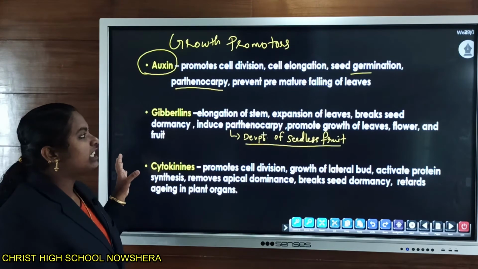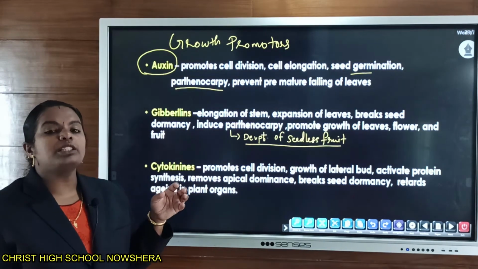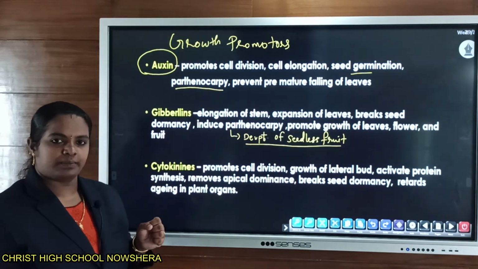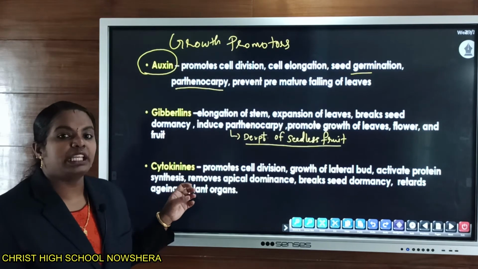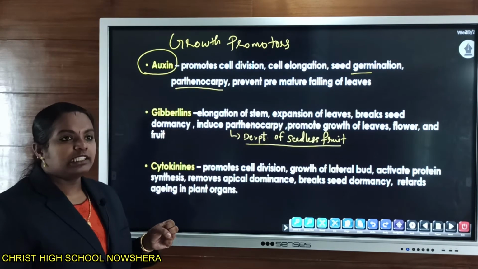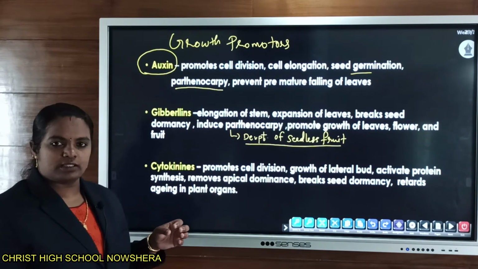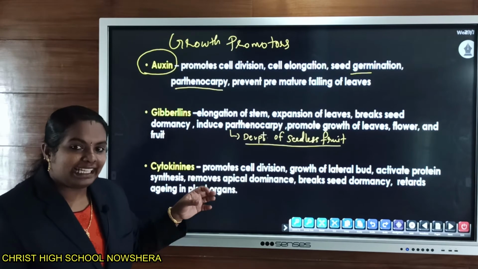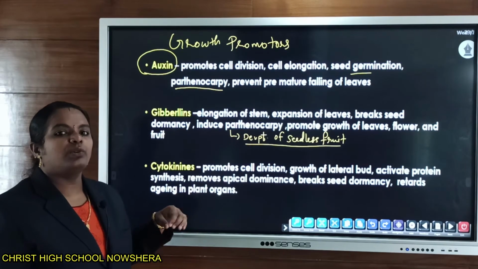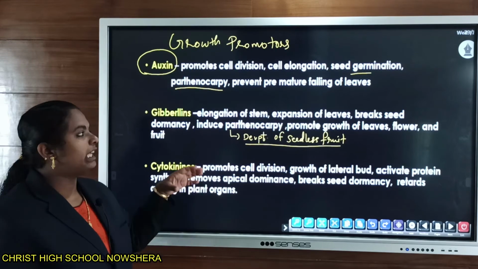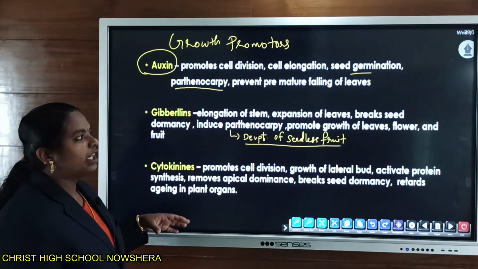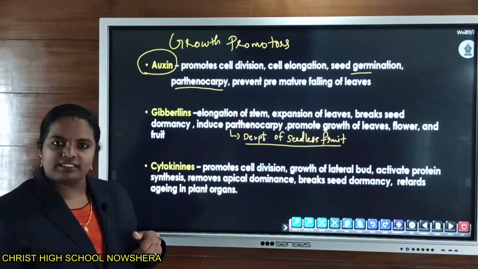Another function is that they prevent premature falling of leaves. That means before the maturation process or before the normal aging process, sometimes the falling of leaves takes place prematurely in plants.